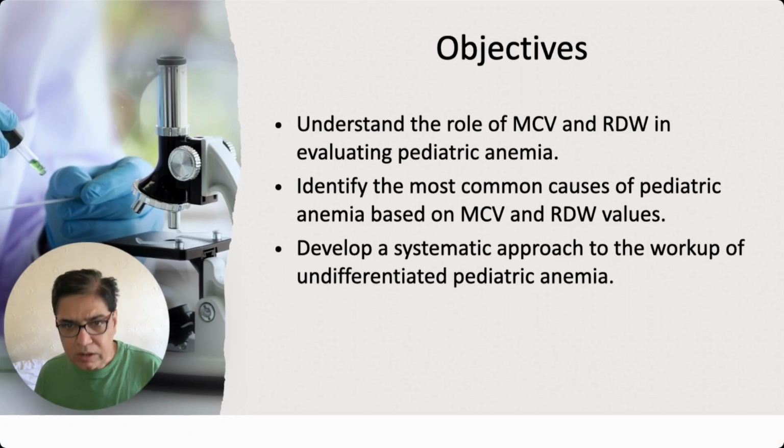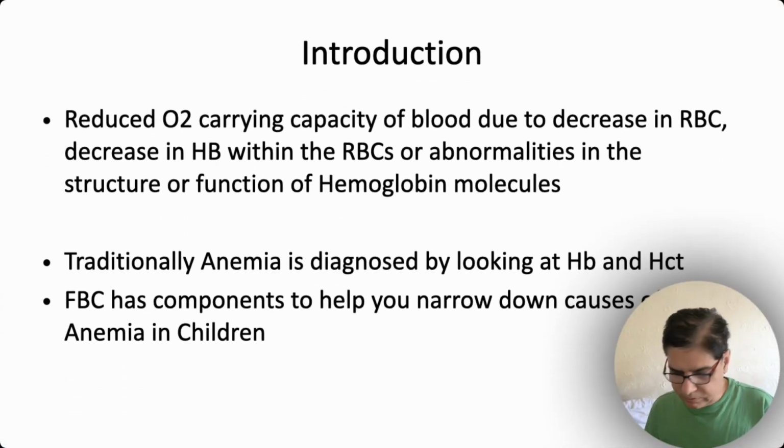Now moving on, there are many definitions of anemia. Anemia basically is the reduced oxygen carrying capacity of the blood. It's not saying that it is a reduction in hemoglobin or RBC.